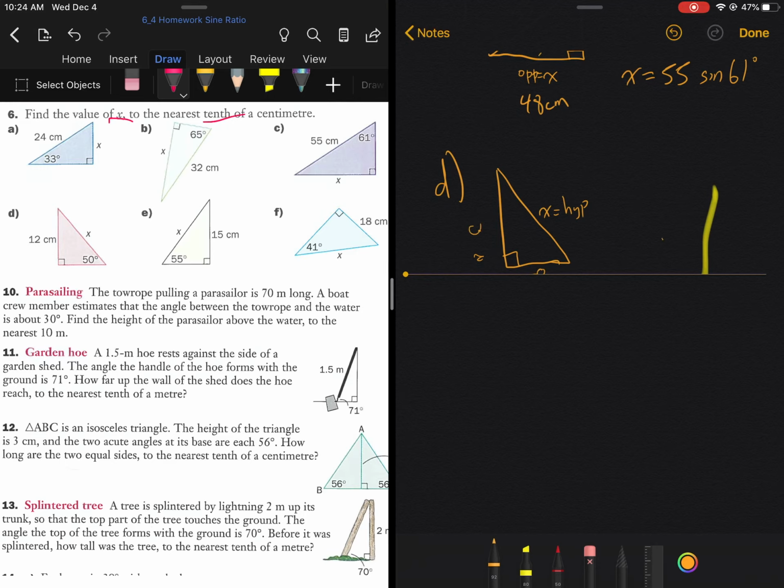Well, it depends. It's in reference to an angle. So over here is my angle of 50 degrees. So then this is my opposite, and this is adjacent, right? It's relative to where my angle is.